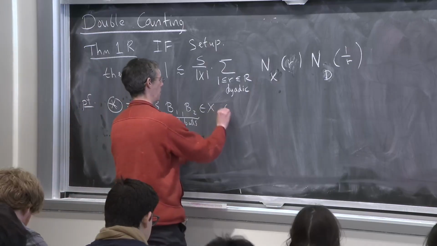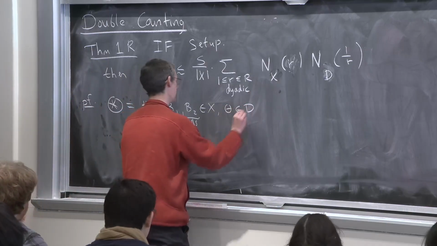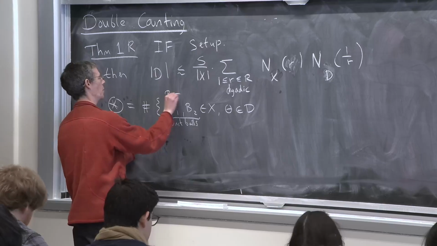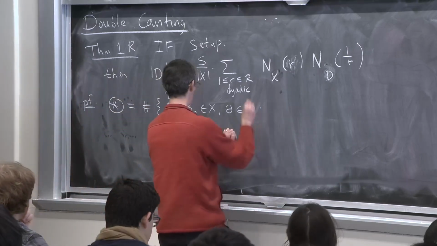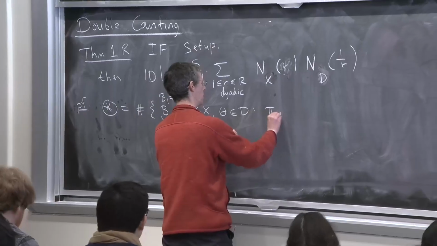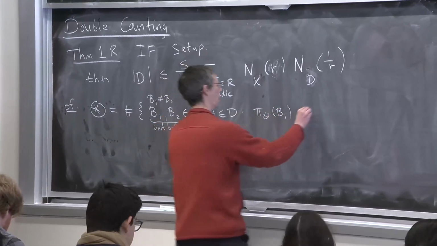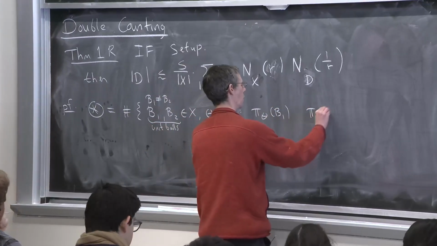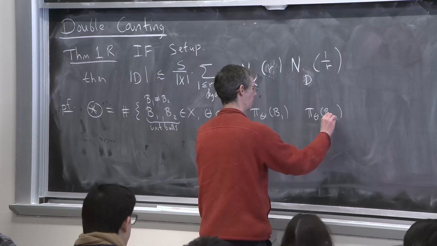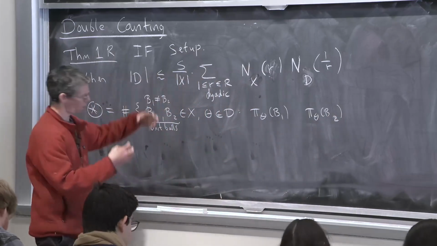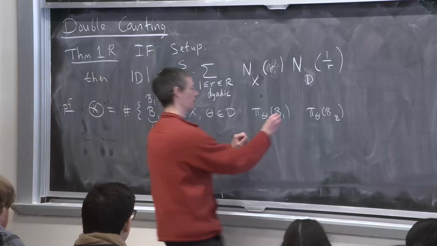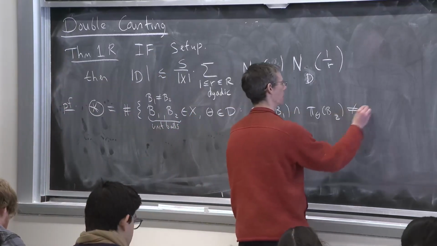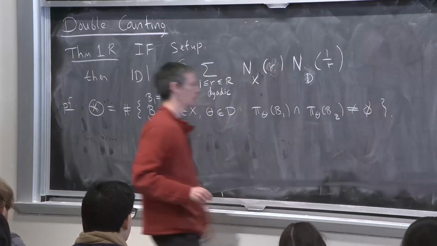And theta in D. I guess we'll say they're not equal to each other, although that won't matter as much this time. So that pi theta of B1 and pi theta of B2 are similar to each other. And in this setting, they don't have to be exactly the same. I would just like them to overlap. So my condition will be that the intersection of these is non-empty. So that's my key quantity.